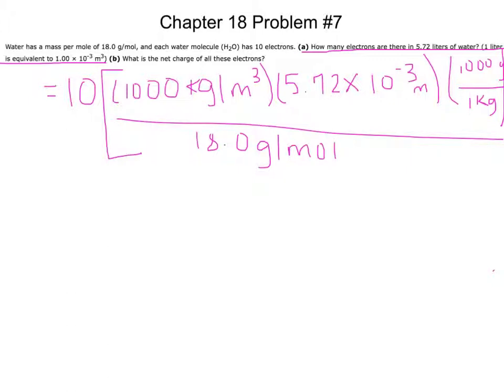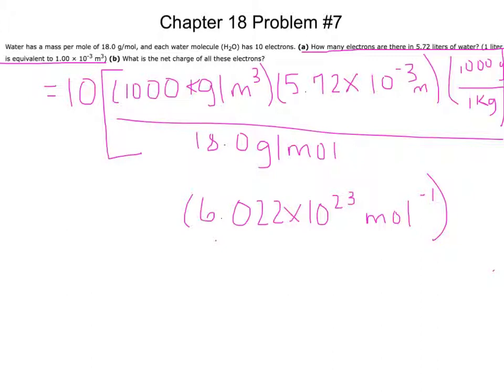And don't forget to multiply everything by 6.022 times 10 to the 23rd mole to the negative 1, or inverse mole. And this represents Avogadro's number.